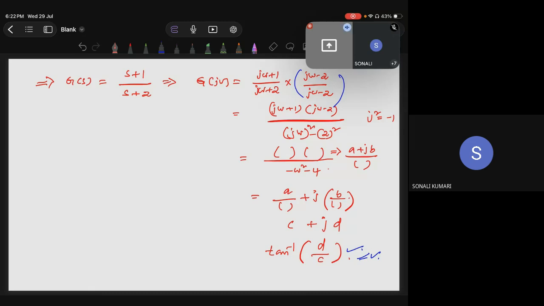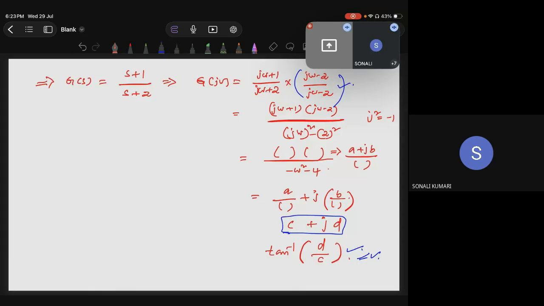Clear? The actual steps give a single complex number, C plus jD only. As in the previous case, we have to multiply by the conjugate.